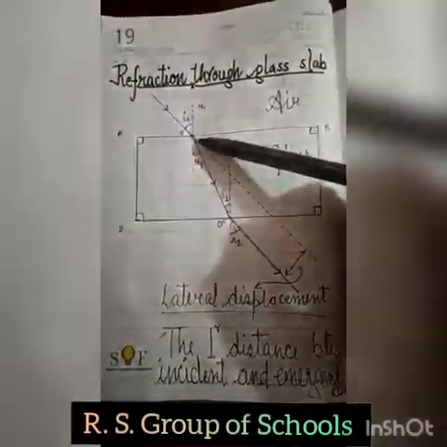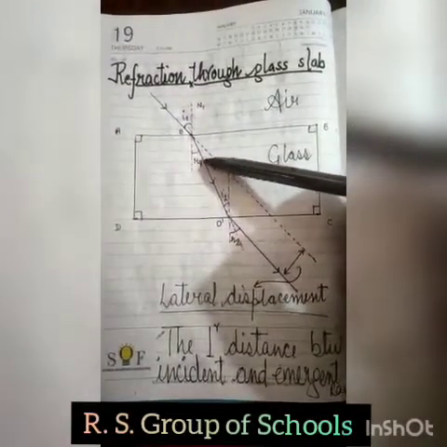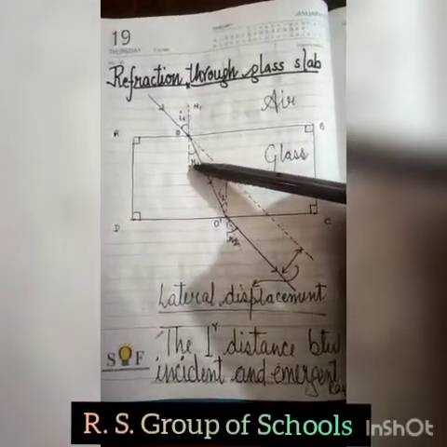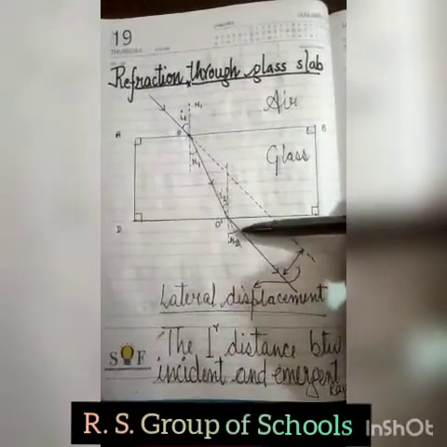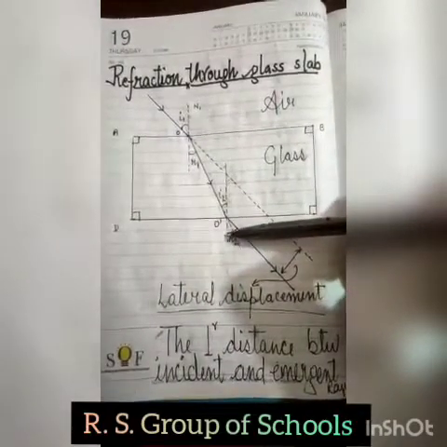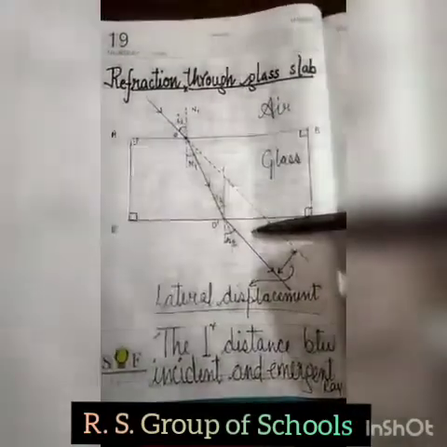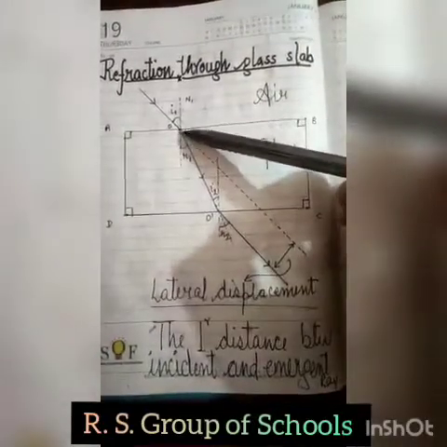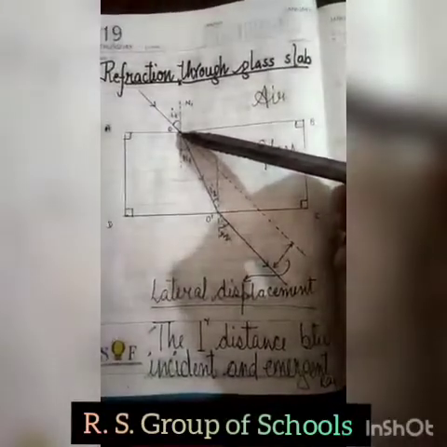So at point O, it will bend towards the normal, and at point O dash it will bend away from the normal. First of all at point O we will apply Snell's law.